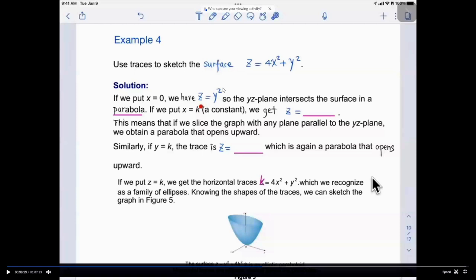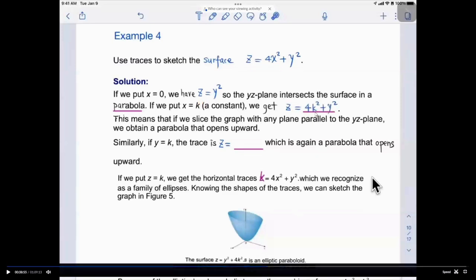And if you put x equal to another constant, let's say k, you get z equal to 4k squared plus y squared. And again, that is a parabola. It's z equal to y squared, shifted up 4k squared units. Okay, good.